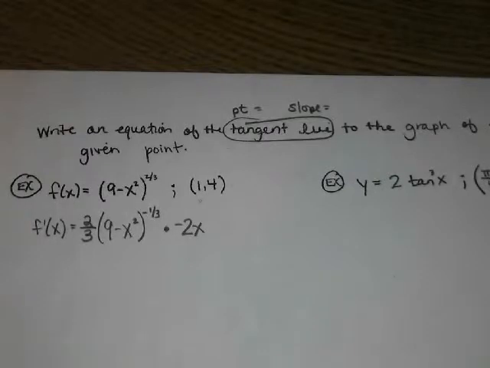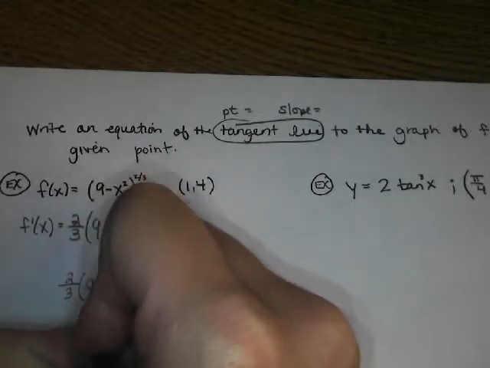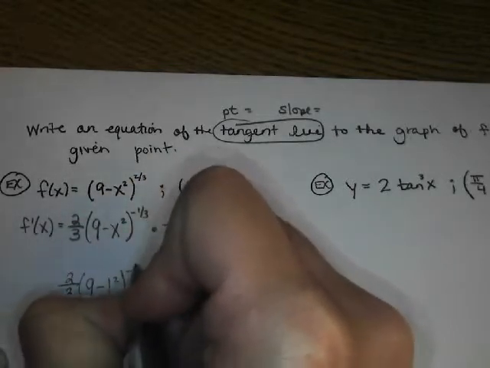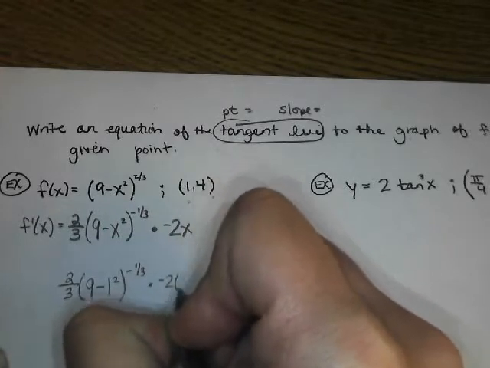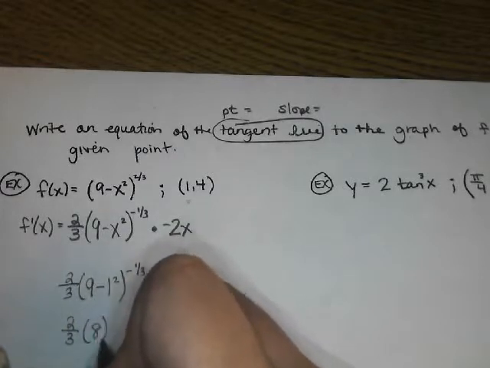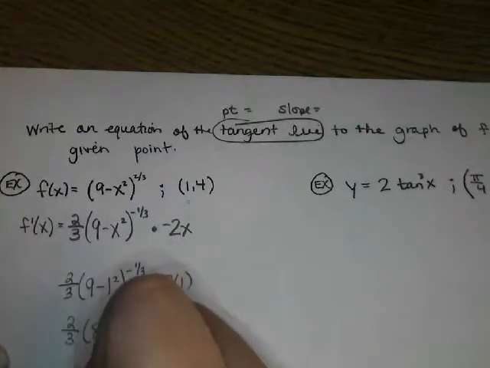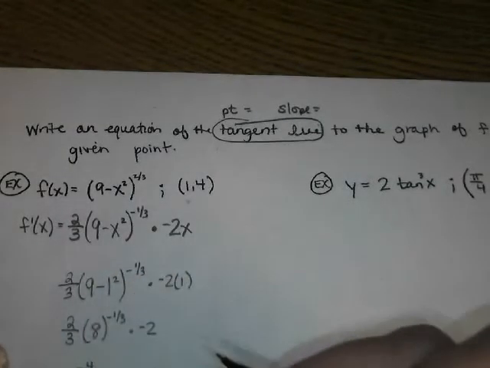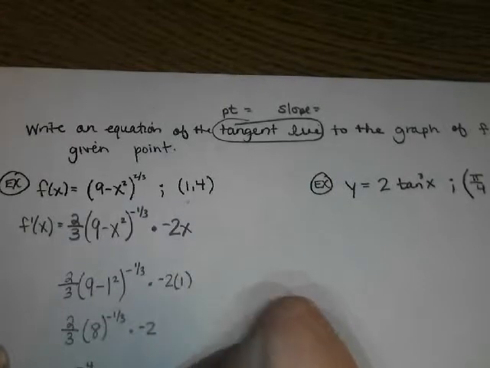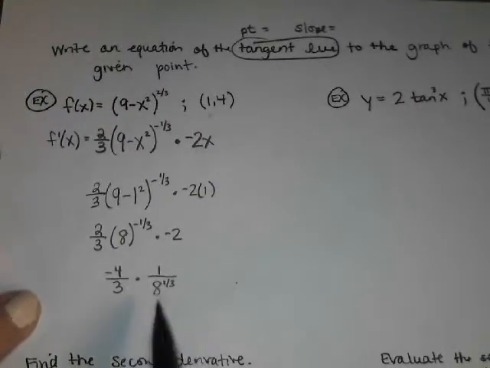So there's my derivative without doing any simplifying, then I'm just going to evaluate it at 1. And 8 to the 1/3 power is 2.